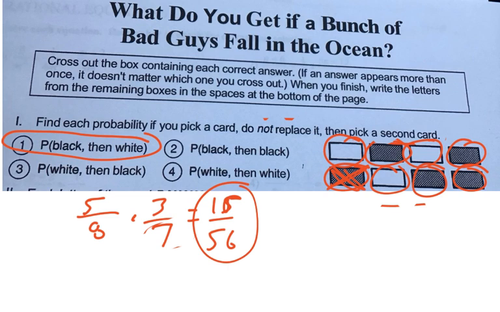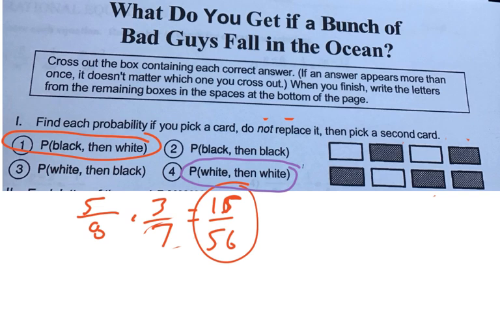Okay? Let's do one more in this example. Let's say we wanted to do white and then another white. Well, the chance of getting a white, not the first try anyways, is 3 out of 8, right? We're starting over.